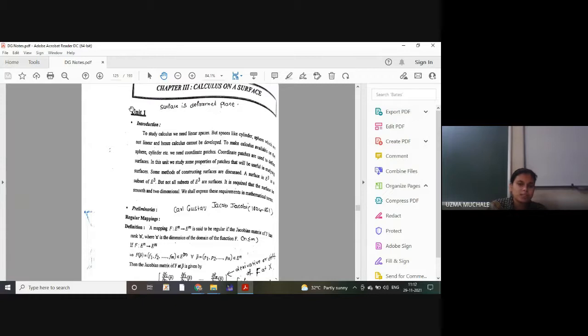Okay, so you can see that cylinders, spheres, all these are not linear. What do you mean by not linear? Yes, what do you mean by non-linear? No one knows the definition of non-linear.